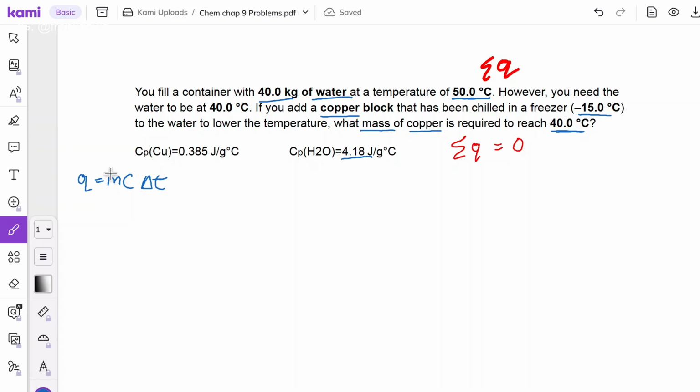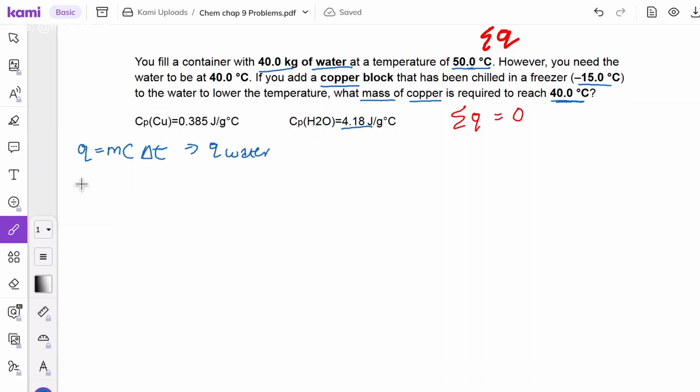So these are the two equations. This is for Q of water, and for copper you have the same thing, except we're looking for the mass of copper, but we have everything else.